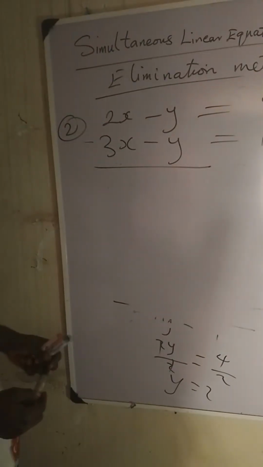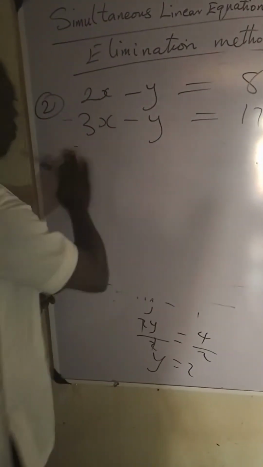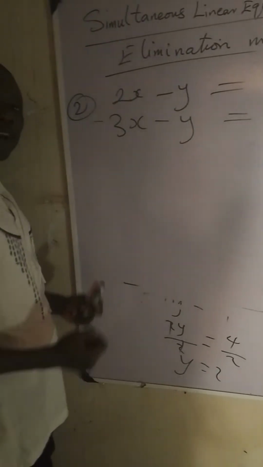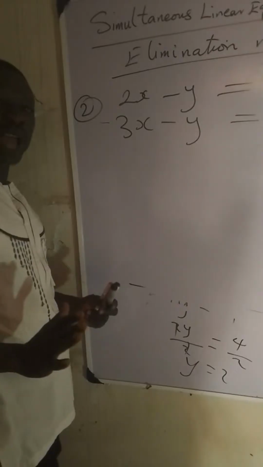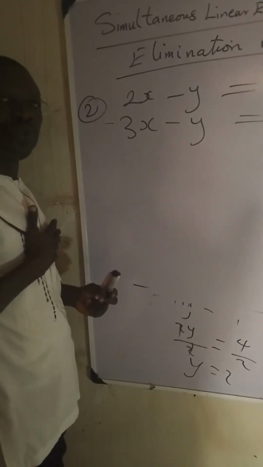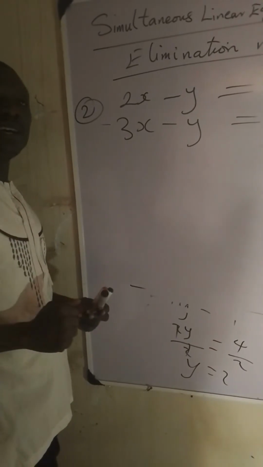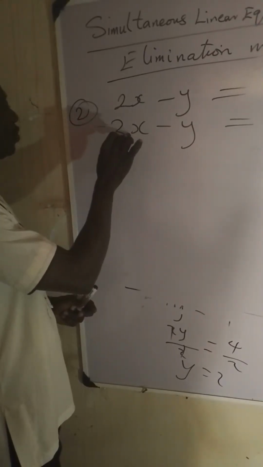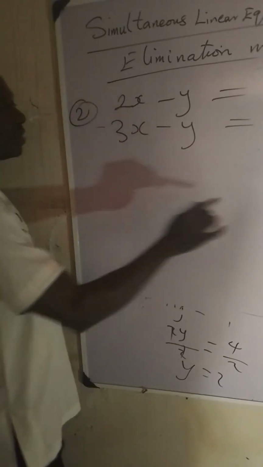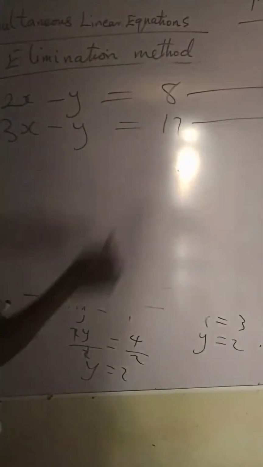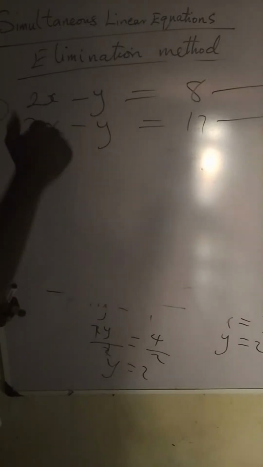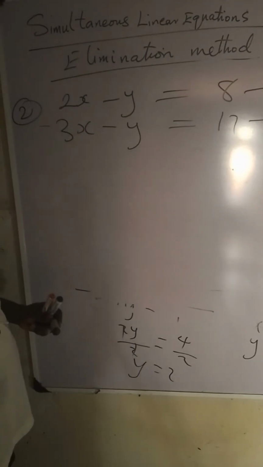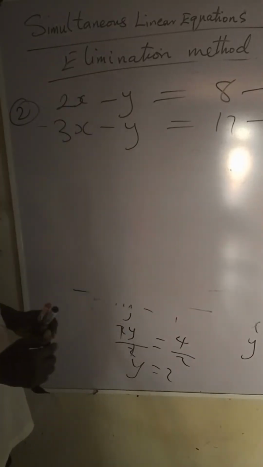What do we have to subtract? Either you say equation 1 minus equation 2, or equation 2 minus equation 1, whichever one you want to use. However, since equation 2 has a bigger number than equation 1, if we say equation 1 minus 2, we are going to get negative signs.